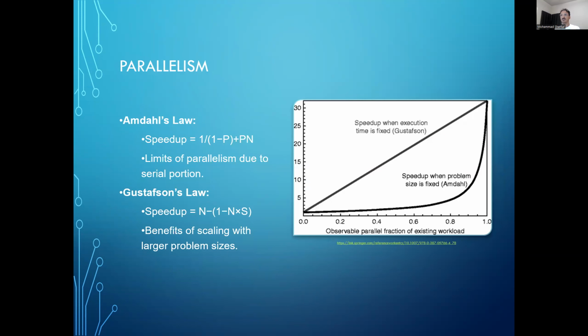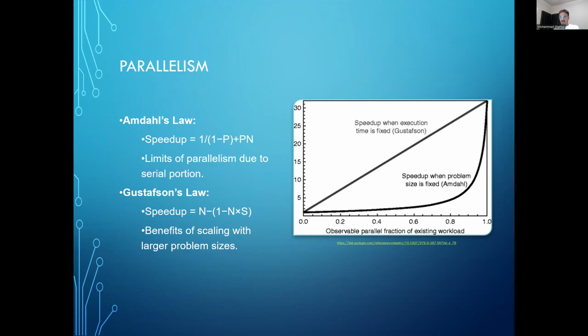Moving on, over here we have parallelism. Underneath parallelism fall two laws: Amdahl's law and Gustafson's law. Amdahl's law applies when the problem size is fixed, whereas Gustafson's law applies when the execution time is fixed.